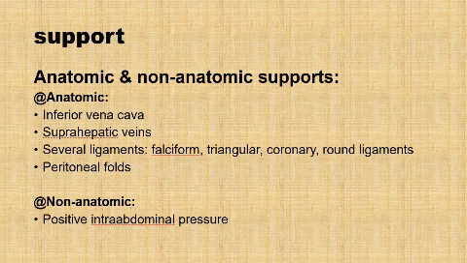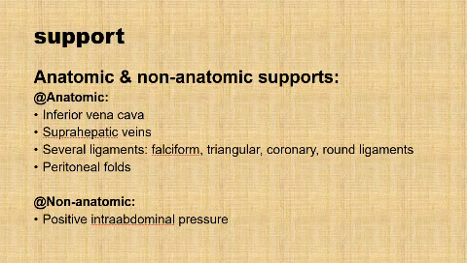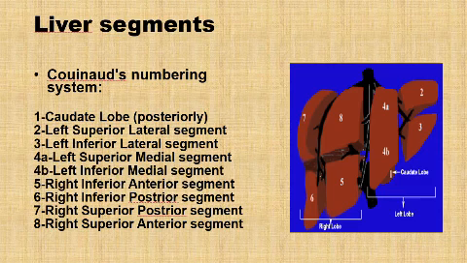These ligaments we are going to see in the next slides, and the peritoneal folds. And the non-anatomical support is positive intra-abdominal pressure. So we are going also to see about the liver segments.